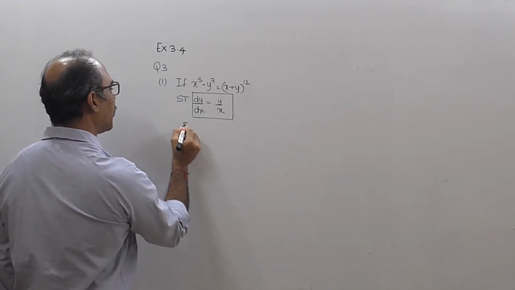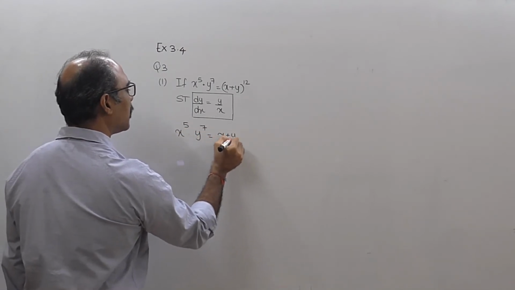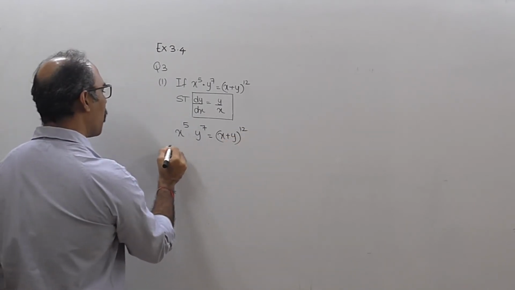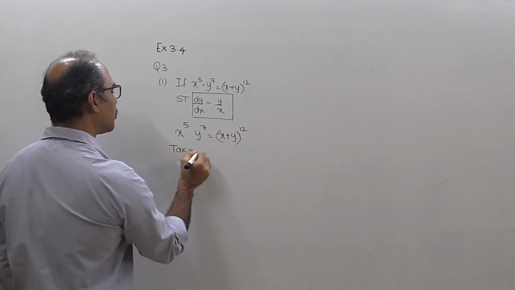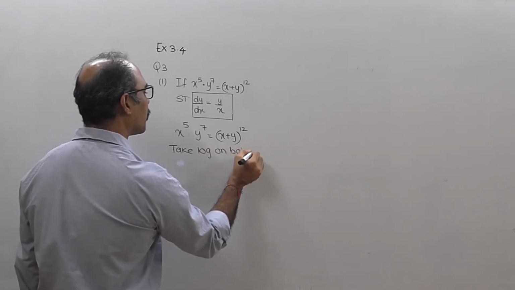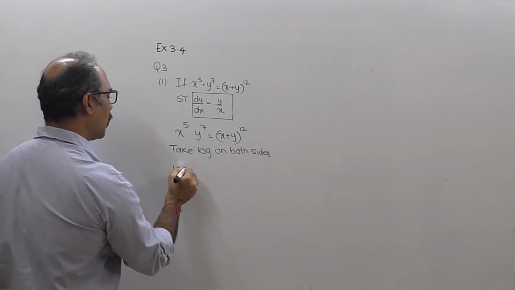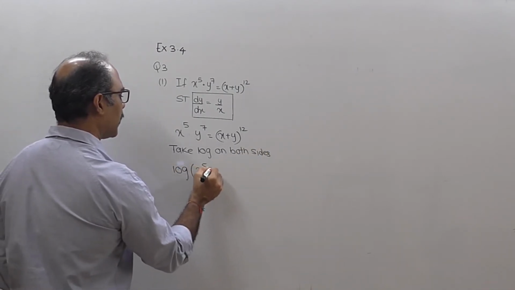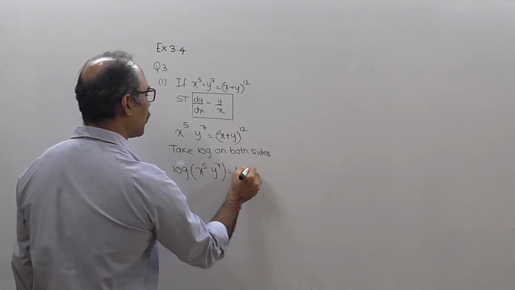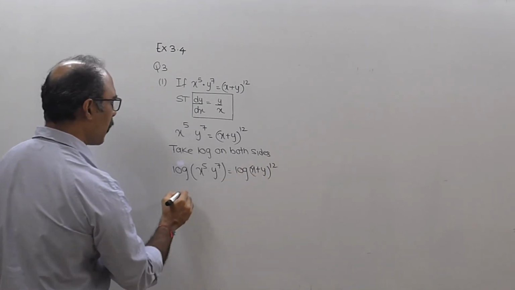So you have x raised to 5 into y raised to 7, that is equal to x plus y the whole raised to 12. You have to take log on both sides. This will be log of x raised to 5 into y raised to 7 equal to log of x plus y raised to 12.